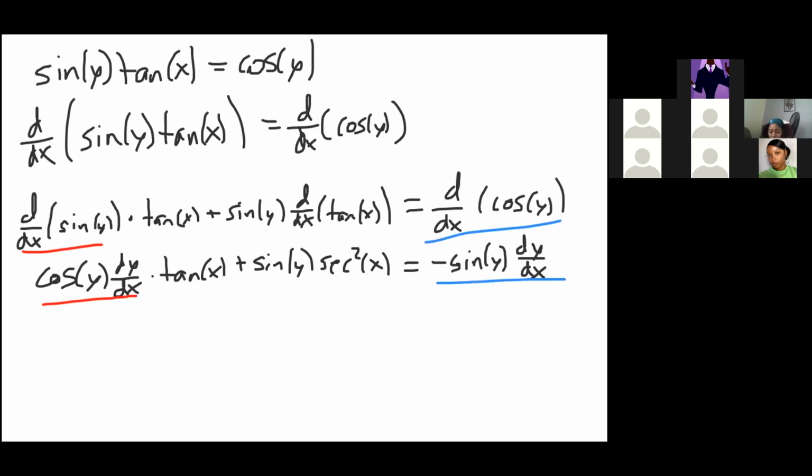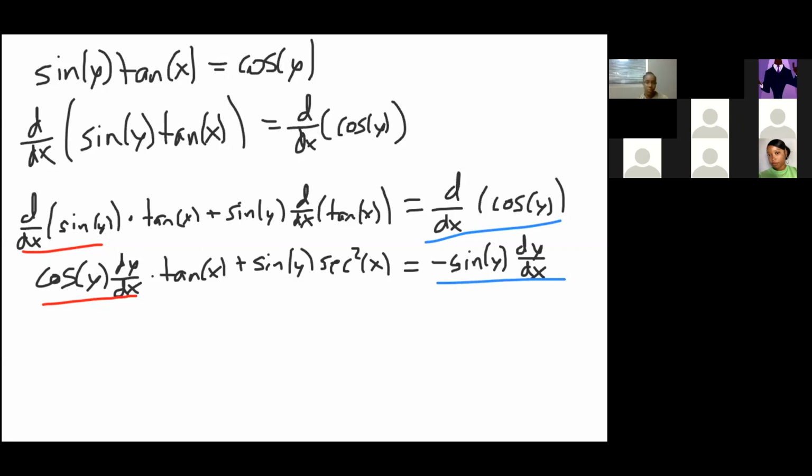My goal is to solve for dy over dx. So I just need to get all my dy over dx's on one side, everything else on the other. And those algebra techniques that you were forced to learn for so long are finally becoming useful again. So the easiest way that I see it is I have a cosine of y times the tangent of x times the dy over dx, just rewriting that term a little bit.